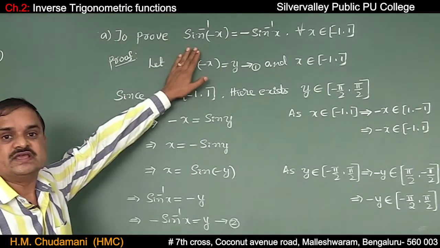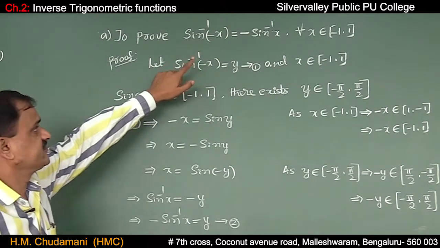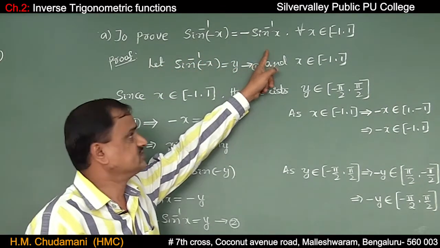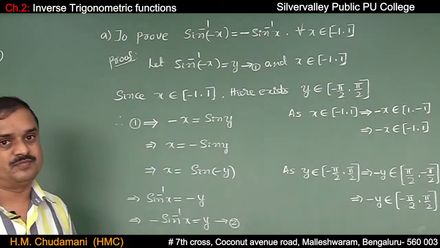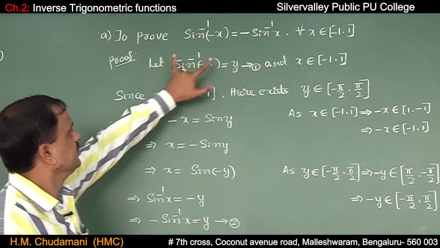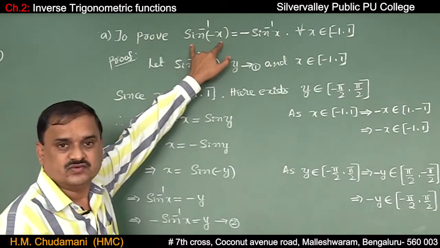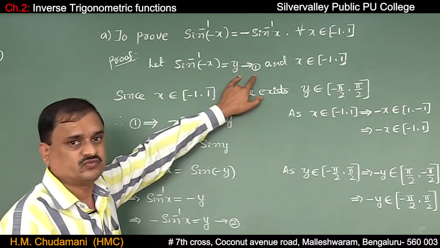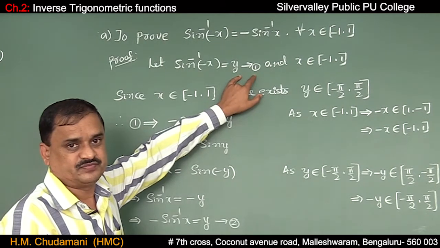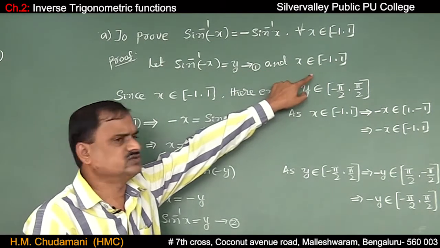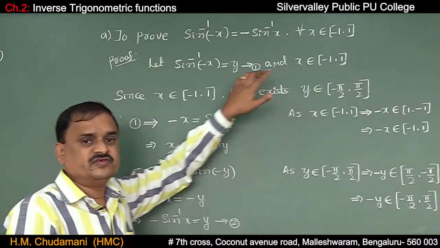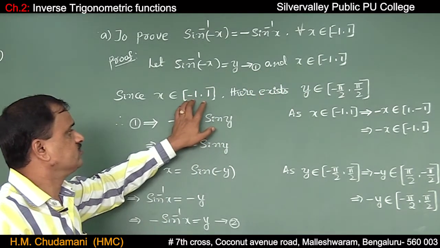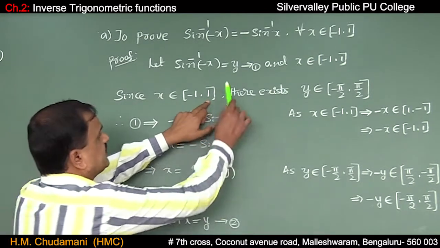To prove sin inverse of minus x is equal to minus sin inverse x for all x belongs to minus 1 comma plus 1. Proof. Let us take sin inverse of minus x is equal to y, say equation 1, and x belongs to the closed interval minus 1 comma plus 1. Since x belongs to minus 1 comma 1, what happens to y?